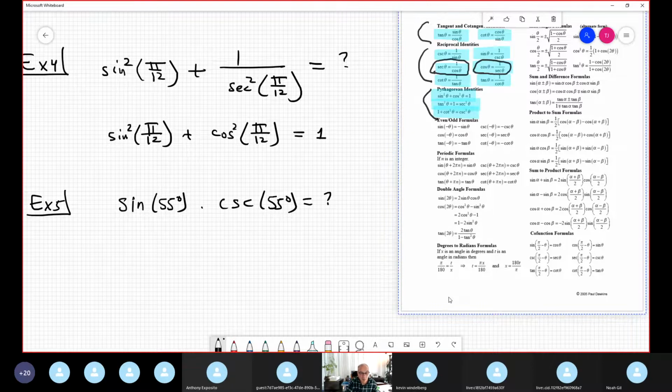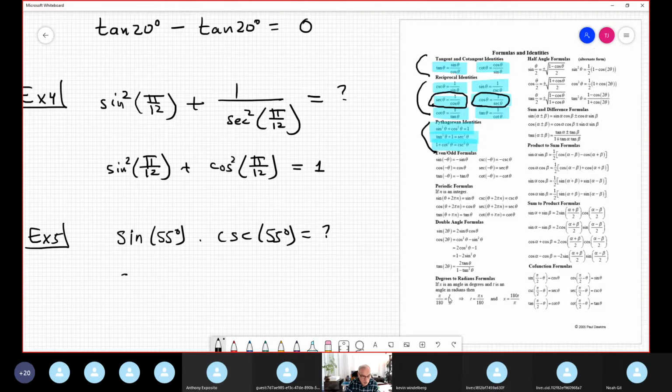Now in my opinion, sine stays, because I feel comfortable with sine, cosine, and tangent. I don't feel comfortable with cosecant, secant, and cotangent; they are weird for me. But I know that cosecant here is the reciprocal of sine.